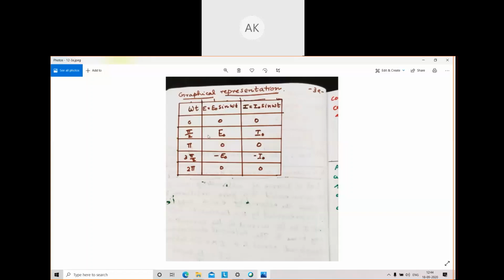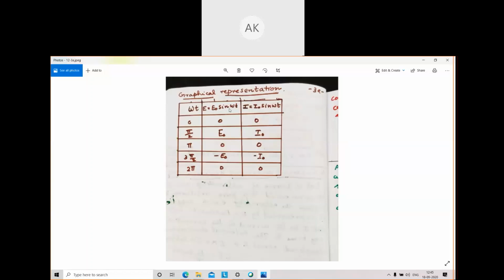So here when the angle is 90 degree, omega t is 90. അതായത് 90 ഡിഗ്രി വരുമ്പോൾ, 1/4 ഓഫ് ദ റൊട്ടേഷൻ ആണ് 90. സൈൻ 90 വരും.